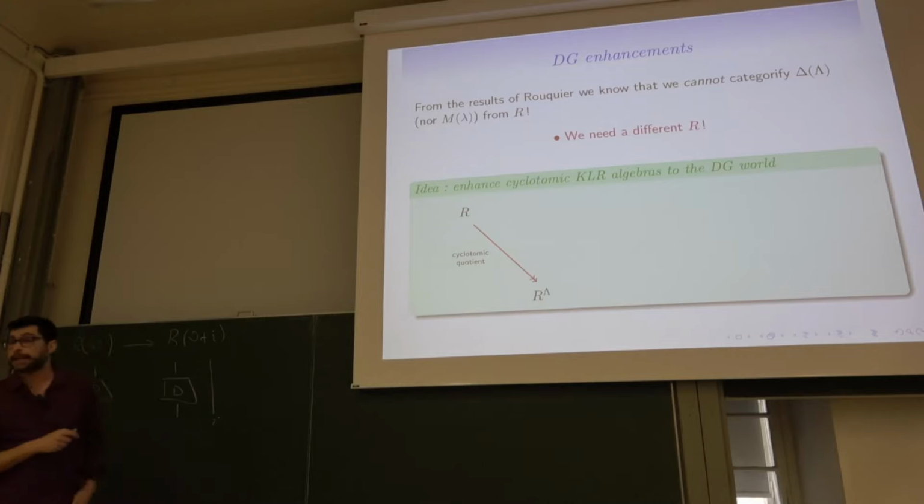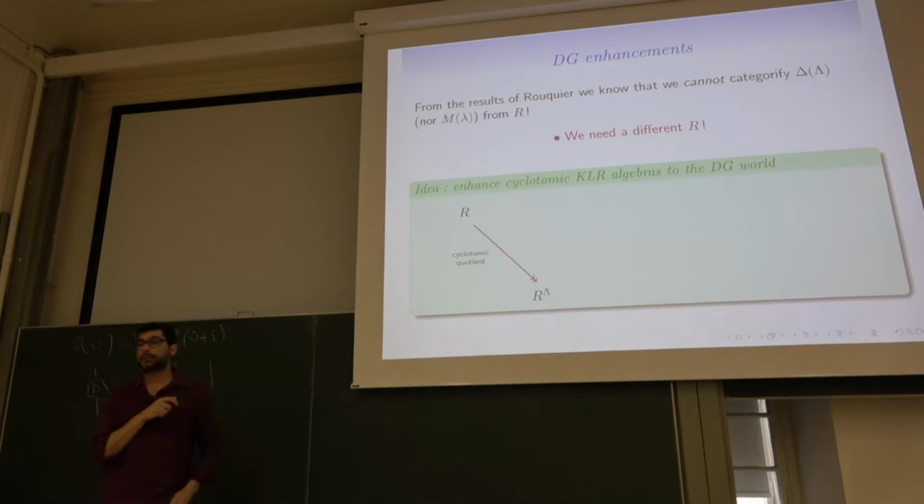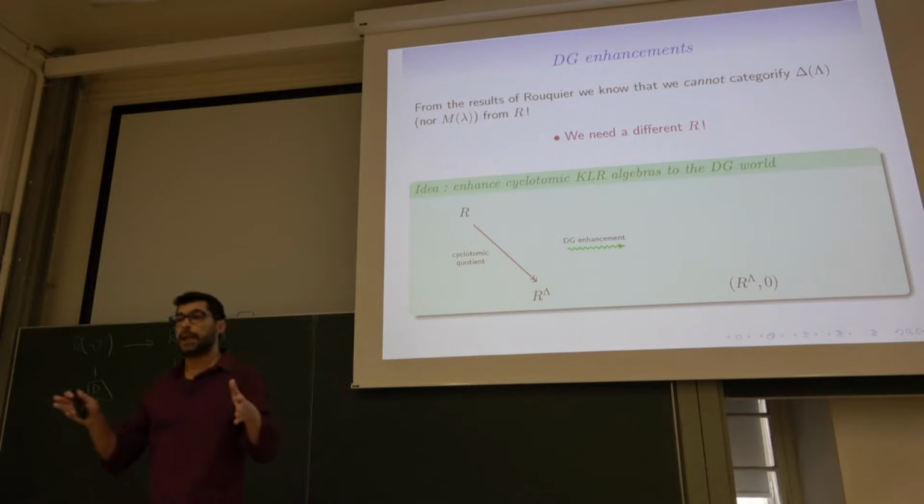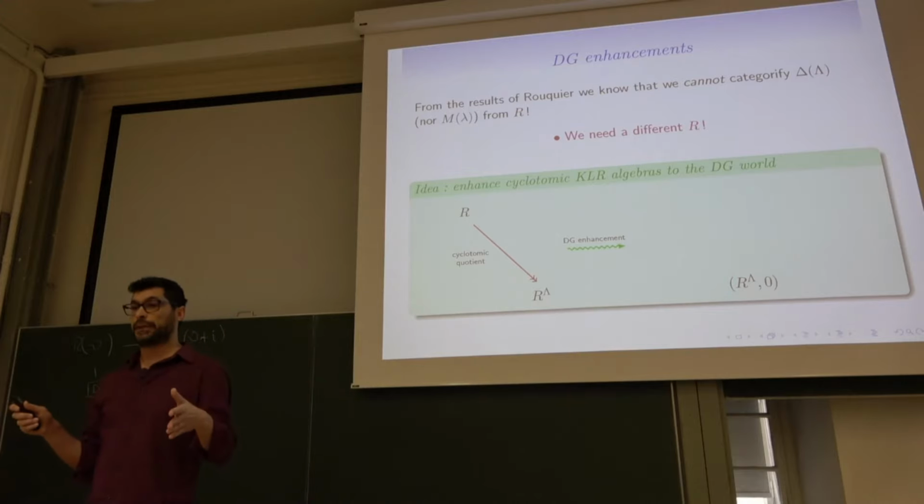The idea is to look at cyclotomic quotients and try to see them as homology of some bigger DG algebra. So we call this the enhanced cyclotomic KLR algebra, going to the DG world. We have a KLR algebra that projects to a cyclotomic KLR algebra. Now, we say that the cyclotomic KLR algebra is a DG algebra with zero differential.